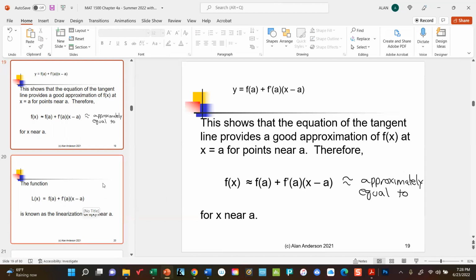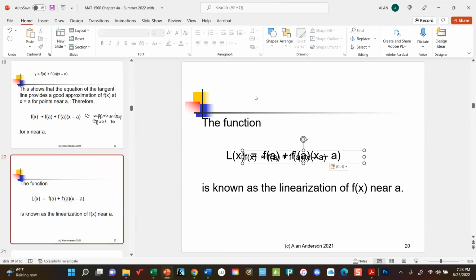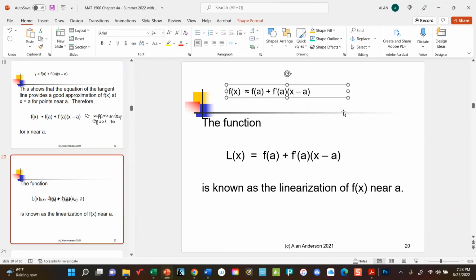So what they're doing here is introducing a concept that's very similar to this. Let me copy this so you can see how they're similar to each other. In the book, they call this the linearization of f of x near a.